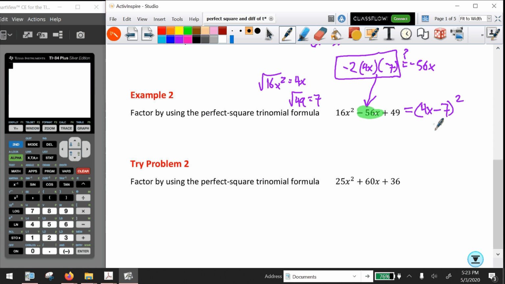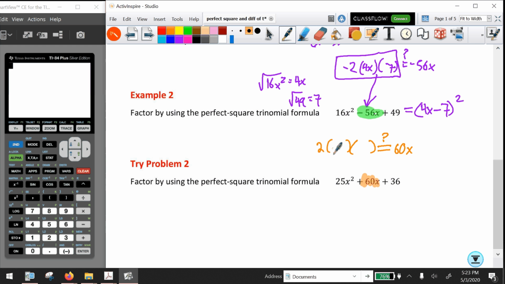First step, we want to verify, is this a perfect square trinomial? Is that middle term equal to twice the product of the square root of this times the square root of this? Well, let's see. We're seeing if that 60x is equal to 2 times the product of the square root of the first term and the last term.